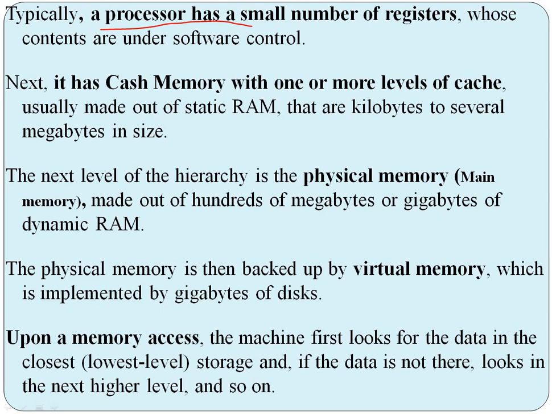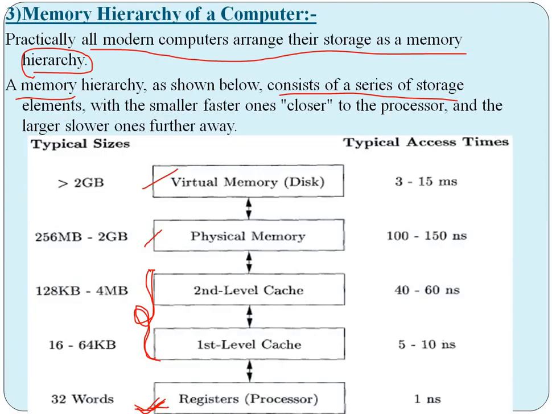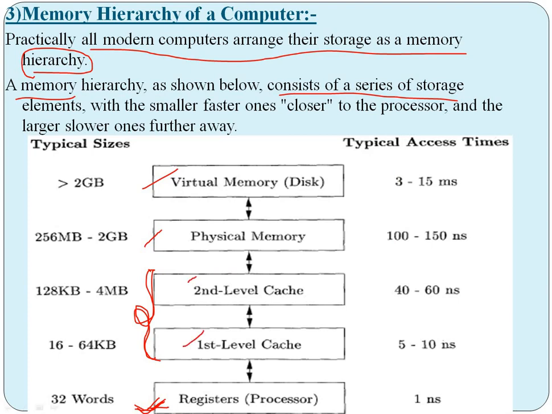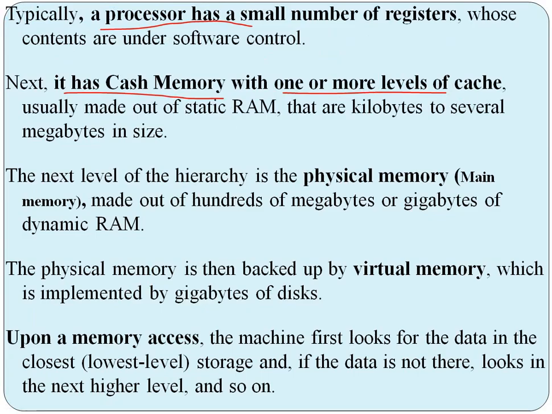This is one part in the hierarchy. Next, cache memory. The processor can have a cache memory with one or more cache levels: first level cache, second level cache. It is usually made out of static RAM, whose size may be kilobytes to several megabytes.